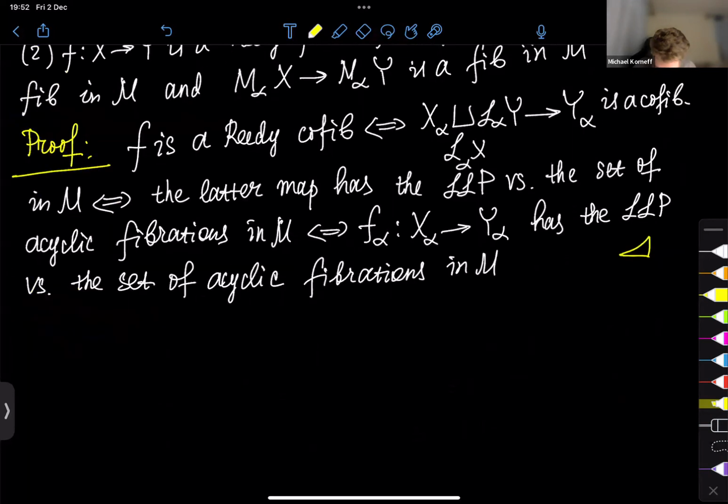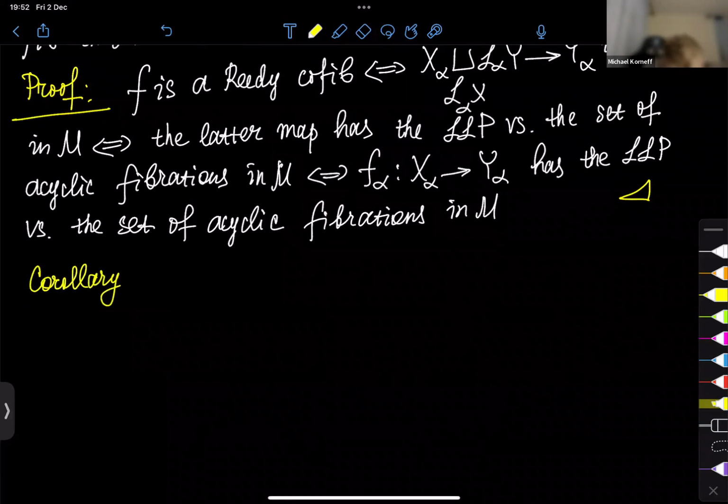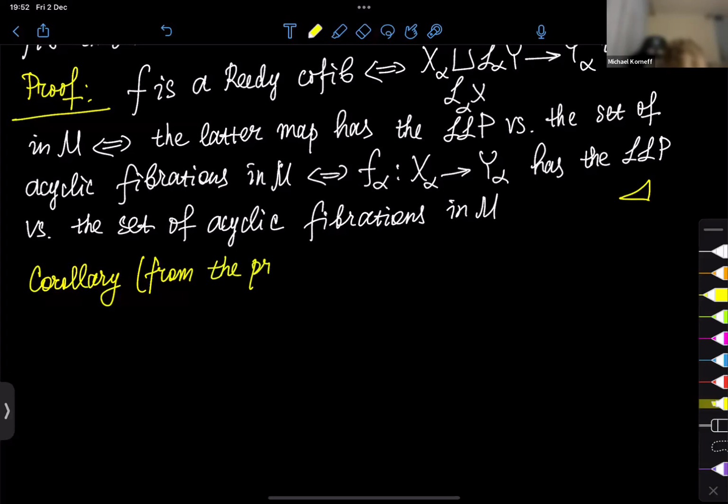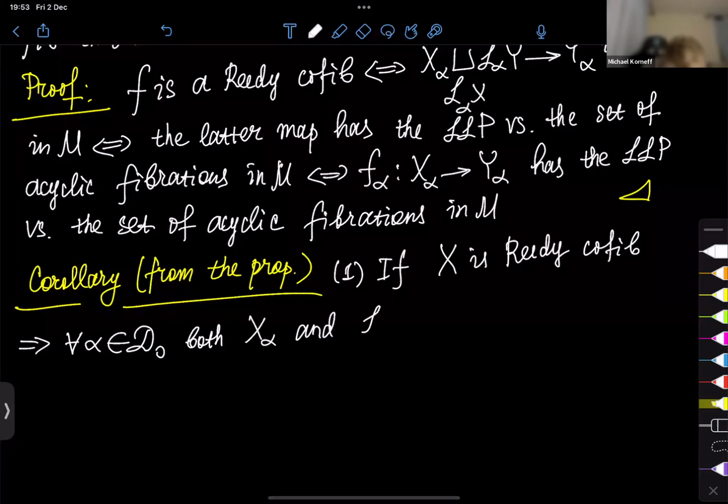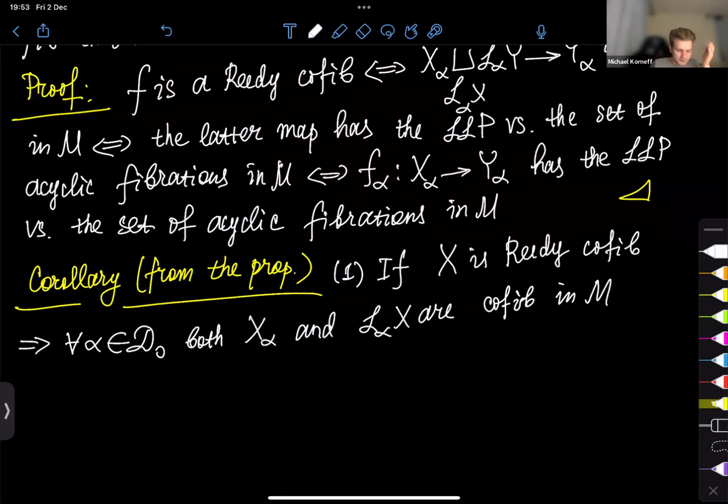In this case, corollary from the proposition: If X is Reedy cofibrant, then for any alpha, both X alpha and the latching map at alpha of X are cofibrant objects in M. That is, Reedy cofibrant diagrams are pointwise cofibrant.